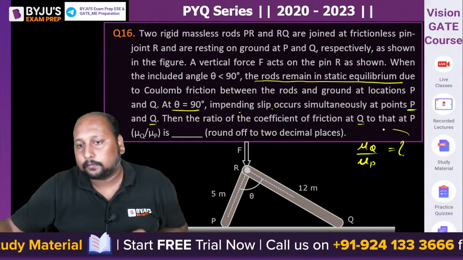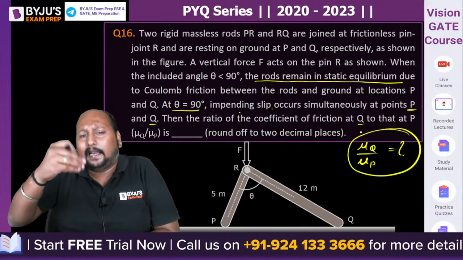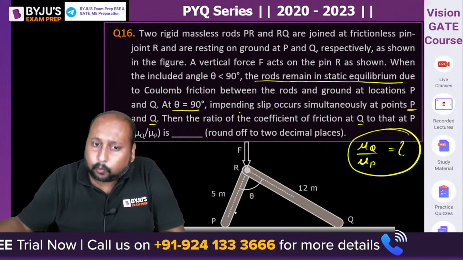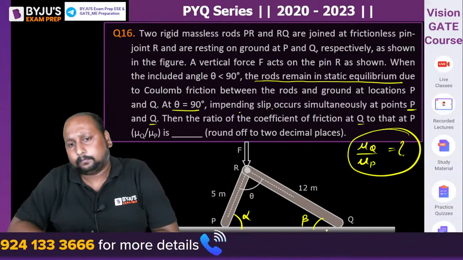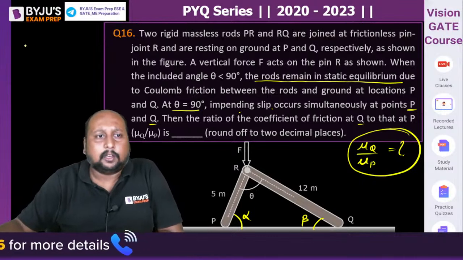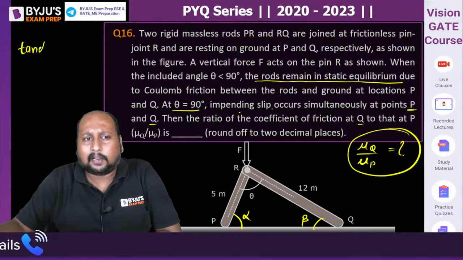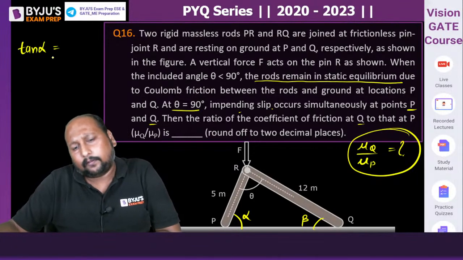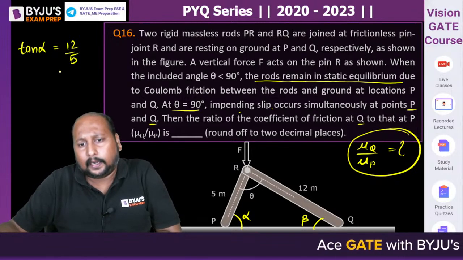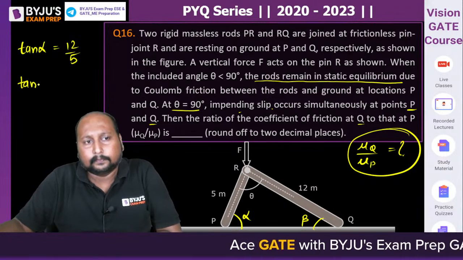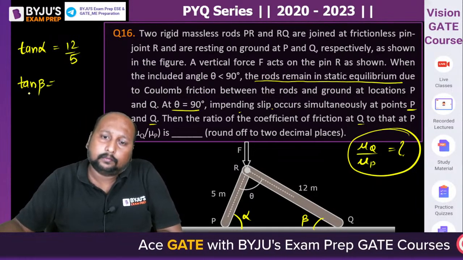What is this value? Let us assume this angle is alpha and this angle is beta. Can we calculate the value of tan alpha? Only the value of tan alpha, the alpha value is not required. Tan alpha will be equal to 12 by 5, and tan beta will be equal to 5 by 12.